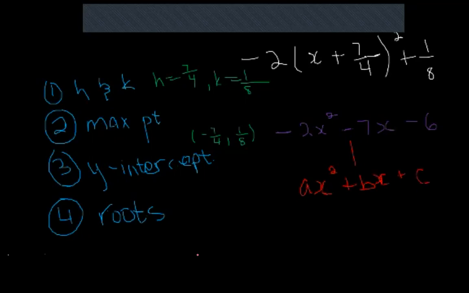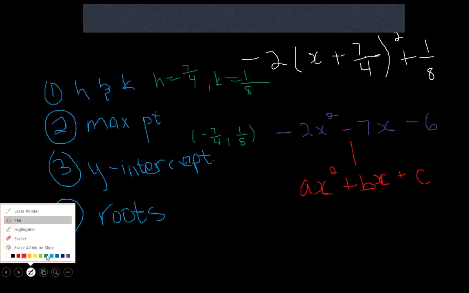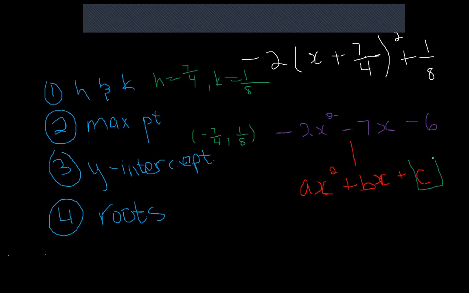And I told you all you need to do to find the y-intercept, identify your value of c. c in this case is minus 6. So my y-intercept is 0, minus 6.